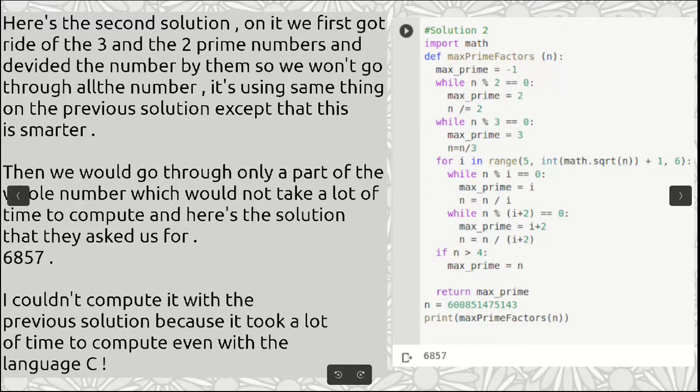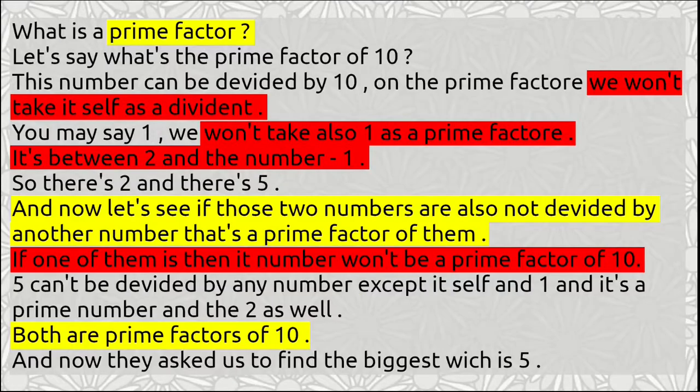This is a mathematical formula which would help us to find the prime number with the least computational power. Okay, so then we go through only a part of the whole number, which would otherwise take a lot of time to compute. And here is the solution that they asked us for.